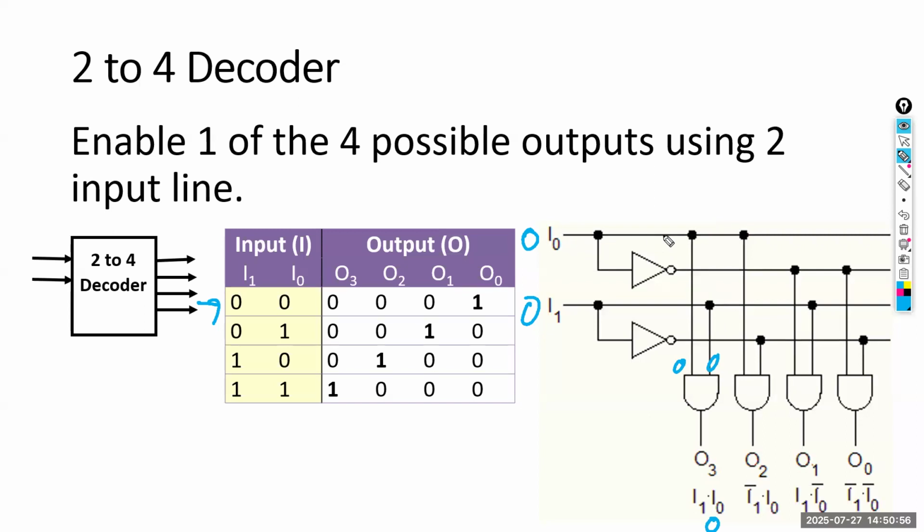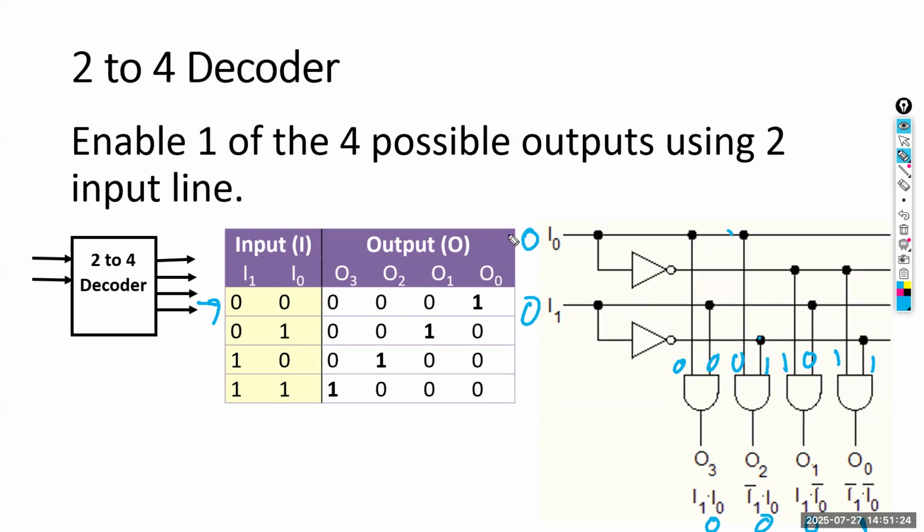Now this one is 0 and the other is 1, so 0.1 is also 0. What about this? This is 1 but this is 0, so 1.0 is also 0. But this one you can see 0 bar is 1, this is also 0 bar is 1, so 1.1 is 1. Now this is 1, and the others are 0.